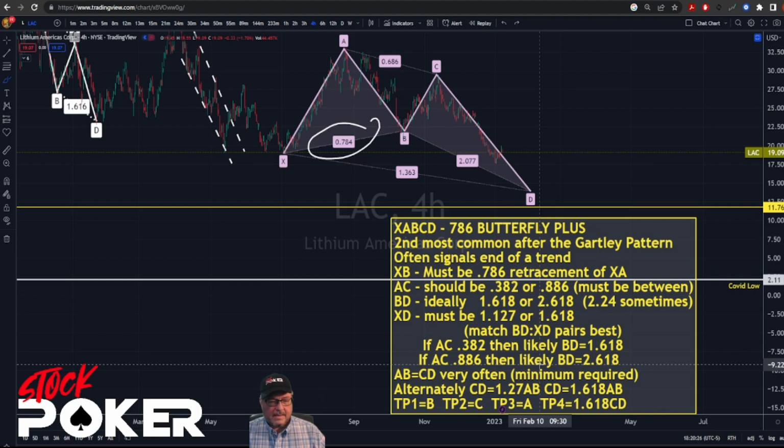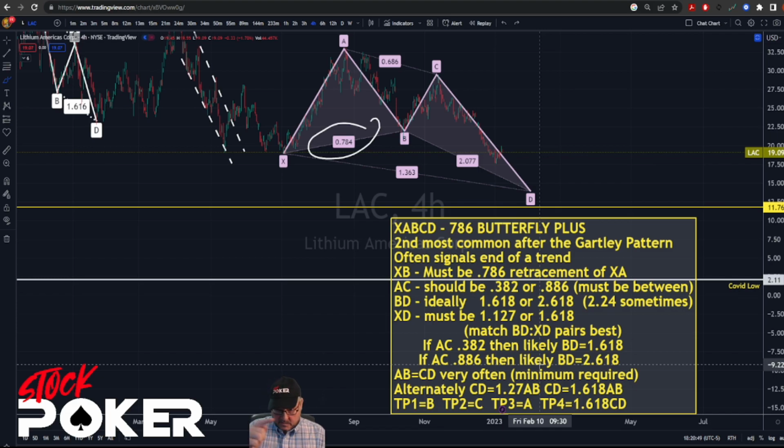If AB equals CD, at the very minimum to have a butterfly, that has to be true. When it spikes it perfectly, you have a very, very, very strong butterfly. I'm going to show you here in just a second what I mean by that.